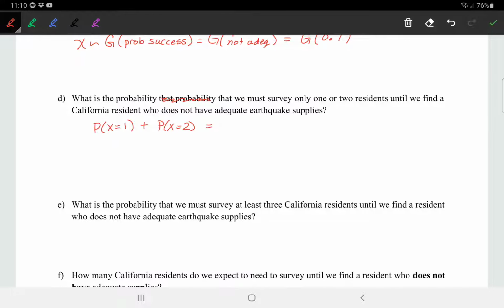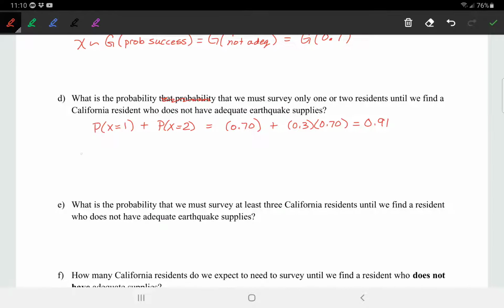If we were doing this by hand, the probability that X equals 1 is 0.7. If it took 2 people, we would have had a failure first, and then the success. And this is equal to 0.9.